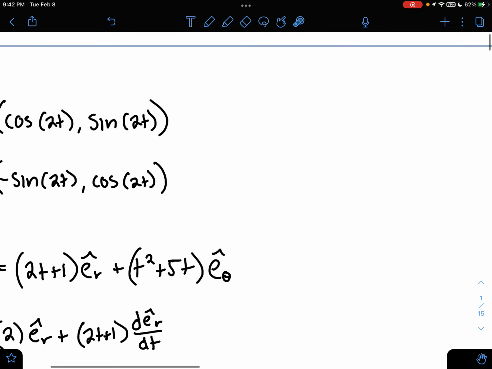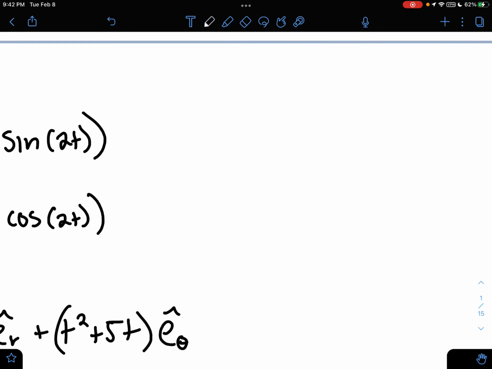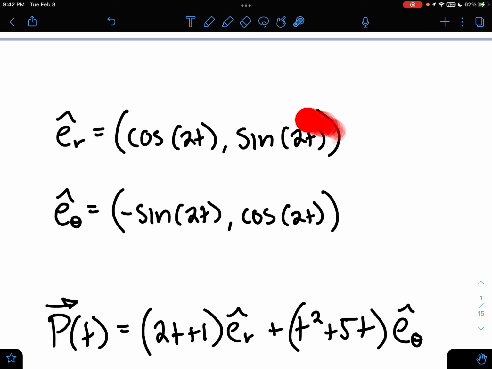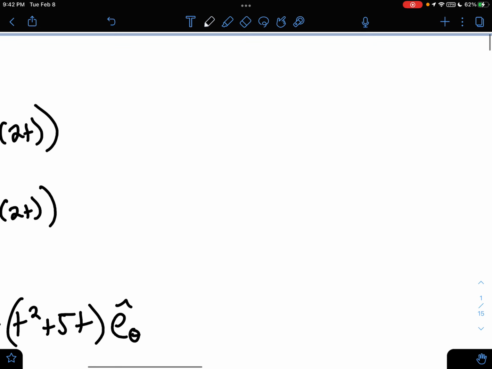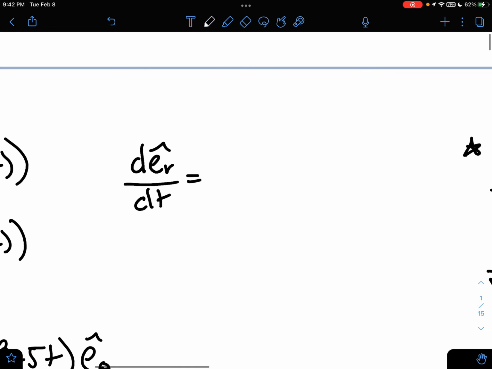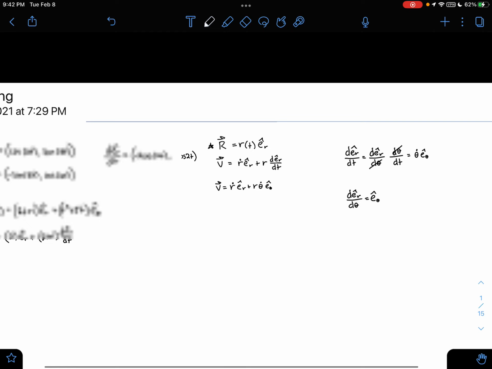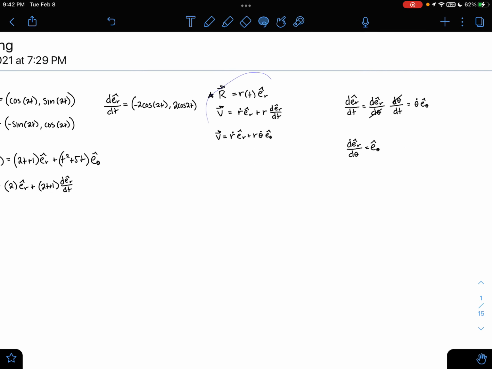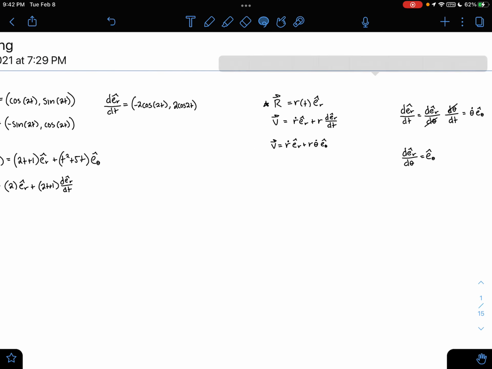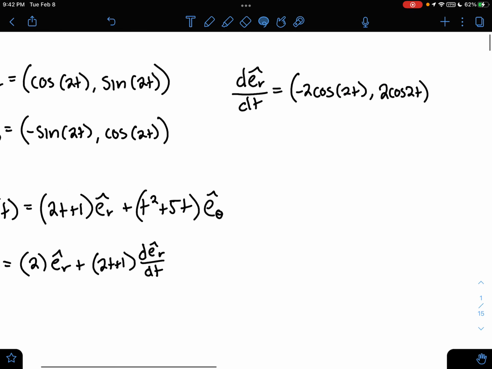Because if I just take the derivative of this with respect to time, d e r hat dt is going to equal negative 2 sine 2t, 2 cosine 2t. So that's our derivative of that with respect to time.